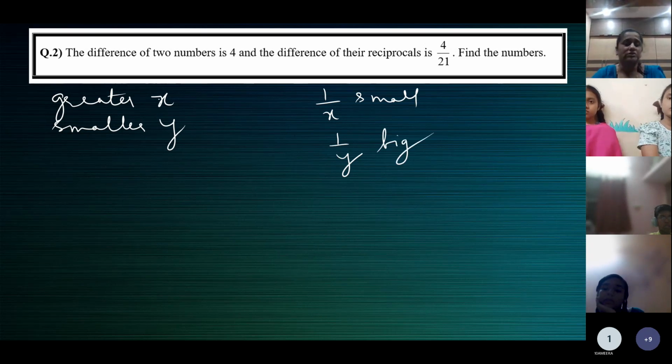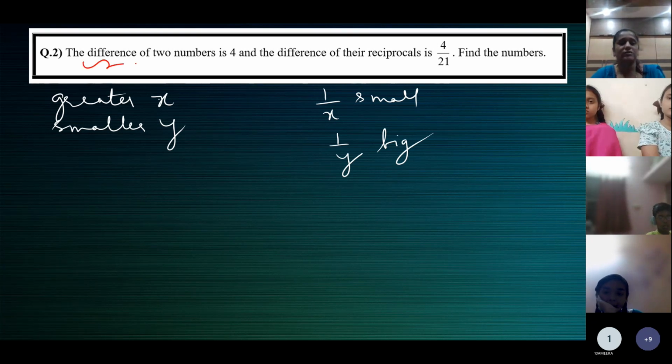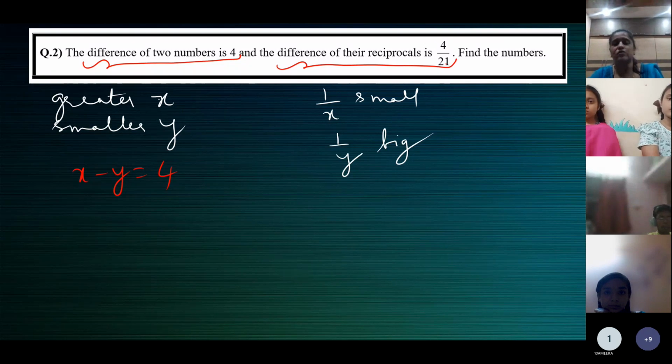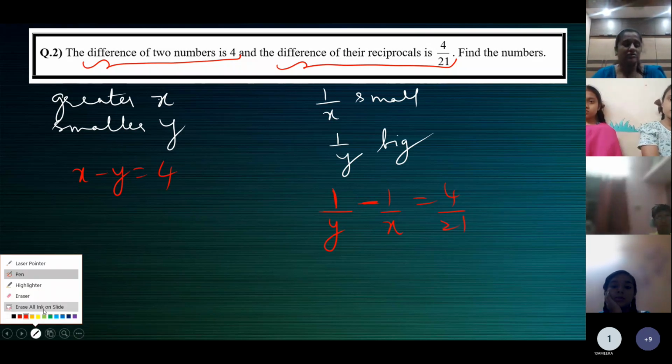So the first equation, the difference between the two numbers is 4, so x minus y is equal to 4. The difference of the reciprocals is 4 by 21: 1 by y minus 1 by x is equal to 4 by 21. Difference means minus, the bigger one first. These are the two equations.